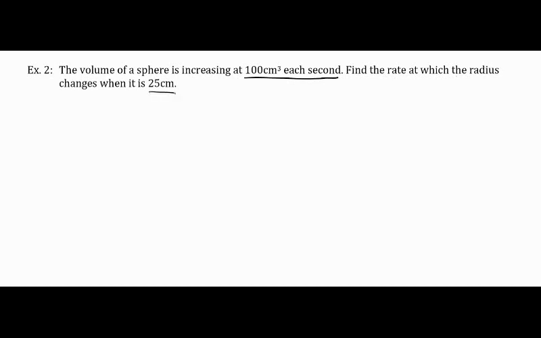25. So what we're going to do here is start thinking about what these mean as variables. The volume of a sphere is increasing at 100 centimeters cubed each second. That's a rate, the rate at which the volume is changing. That's dV by dt. This is such an important step: you can read through this question and recognize that that sentence is telling us what dV by dt is.